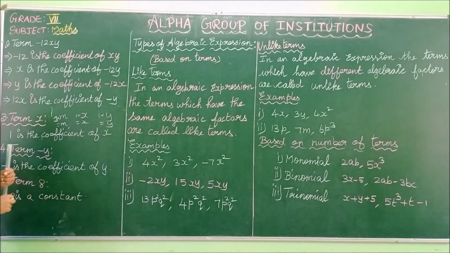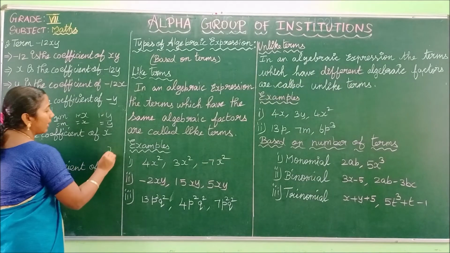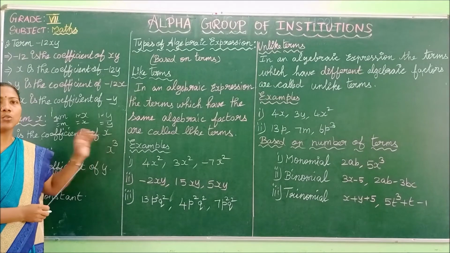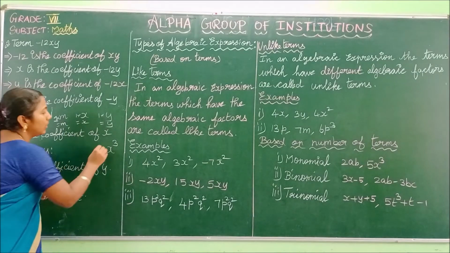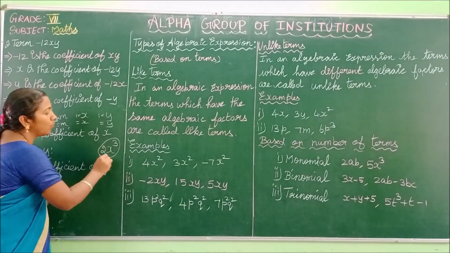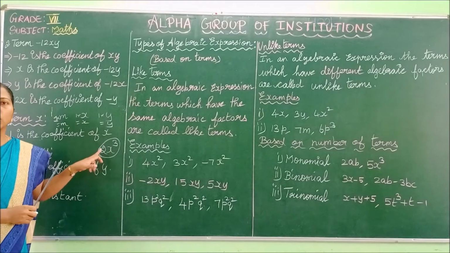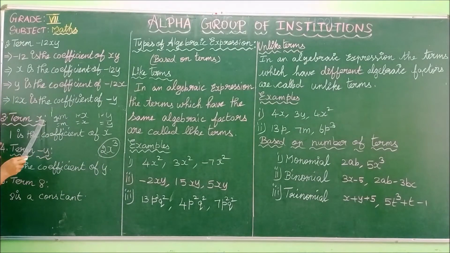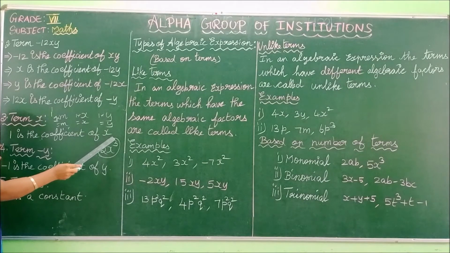So if you have any variable like this, the coefficient is understood to be 1. Suppose the question is x cube: the coefficient is 1. If it is 2x cube, what is its coefficient? 2. Do you understand, children? Now, what is the coefficient of x? 1. So 1 is the coefficient of x.